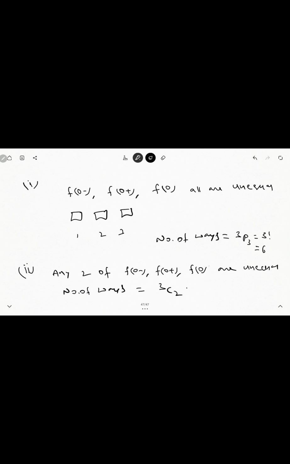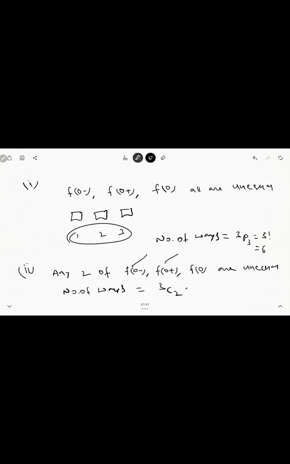Why? From these 3 I am taking 2 first. Once again I am explaining. From these 3 I am taking 2 into J1, J2, J3. J1, J2, J3 means job 1, job 2, job 3. So 3C2. Next one, suppose I have taken these 2. You take any one of these 3.